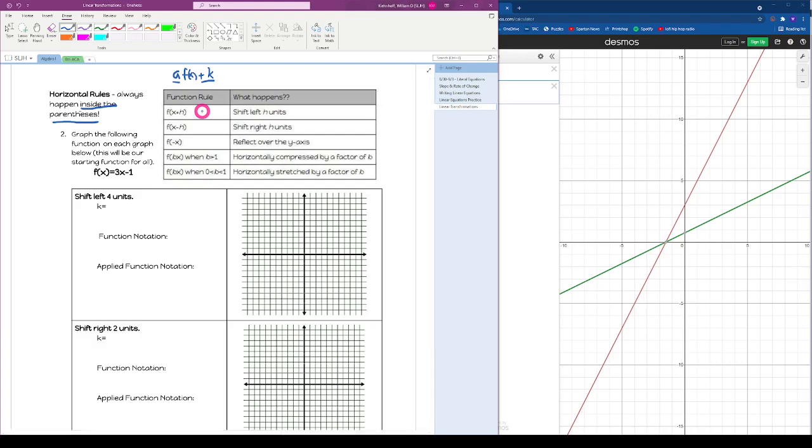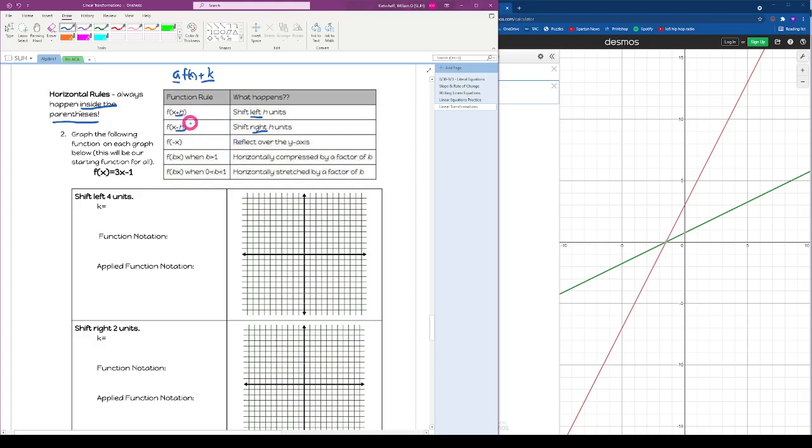So if we add to our x, it kind of does the opposite of what you would think it does. If we add h, we add a value to x here, it's going to shift left. So a plus h gives us a left translation, and a minus h gives us a right translation. So that's exactly the opposite of what you would probably think, because we think of plus x as to the right and minus x as to the left.